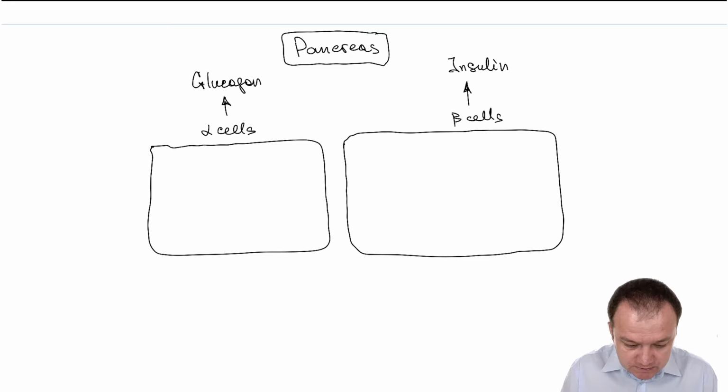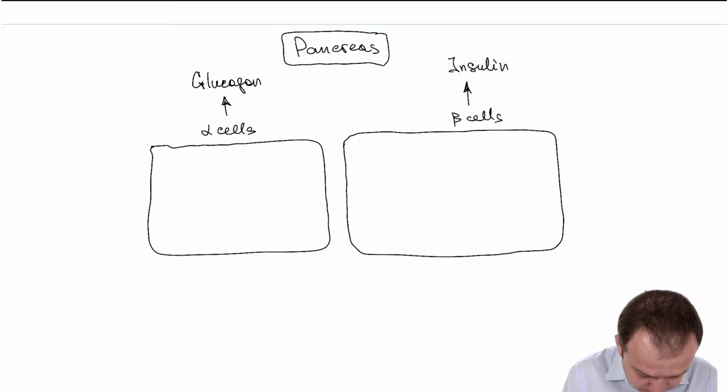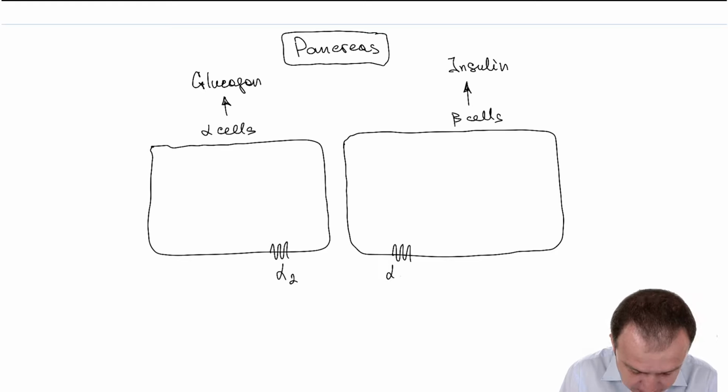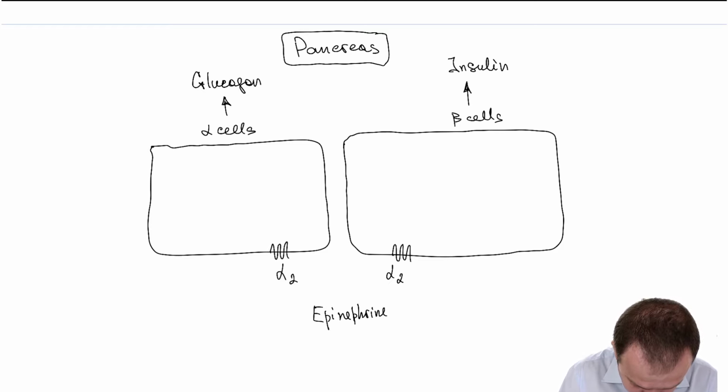So what is interesting is that both these cells, alpha cells and beta cells, have alpha 2 adrenergic receptors. Now, epinephrine acts on both of these receptors.